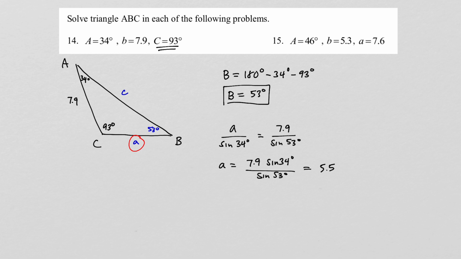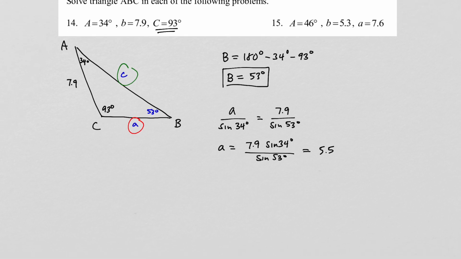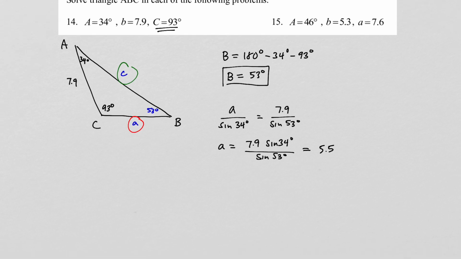Now to find side C, we basically do the same thing here. We're going to have C divided by the sine of 93 degrees is equal to 7.9 divided by the sine of 53 degrees. That gives us C equals 7.9 sine of 93 divided by sine of 53.